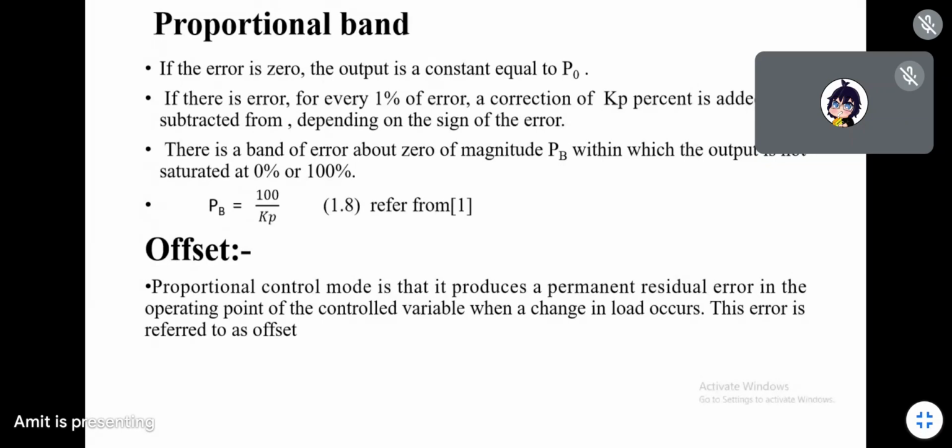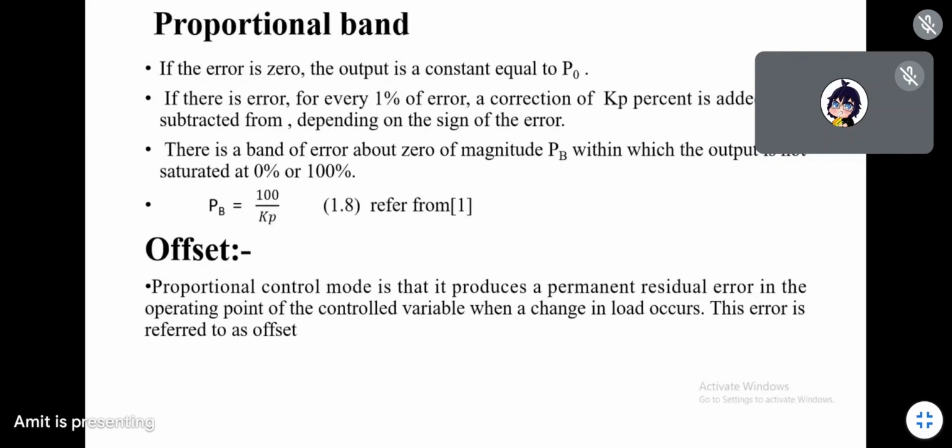So any error value should give a particular controller output, with no range. You cannot say that from 2 to 3% error, or 2 to 5% error, your controller output is just 1, or 2% or 3%. You cannot say like that. For each value of error, there is a unique value of controller output.